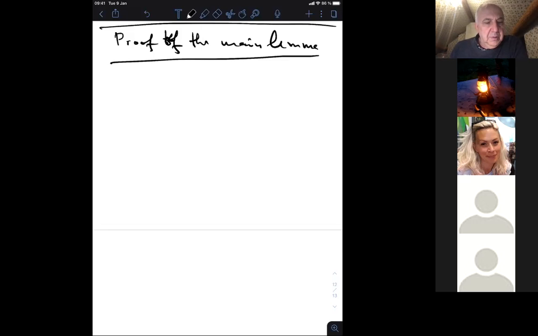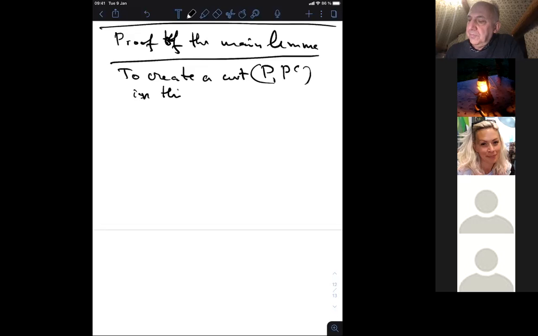So, to create a cut P, P complement in this situation, we do the following.